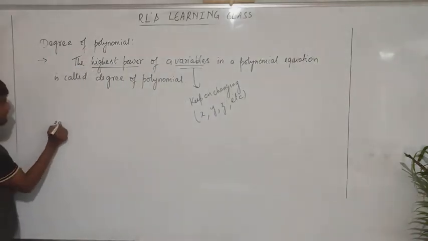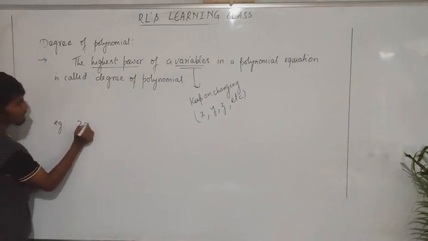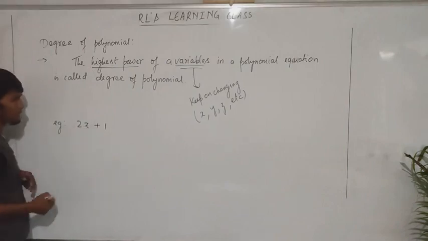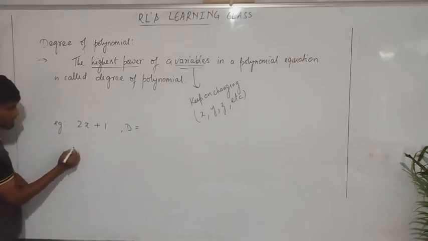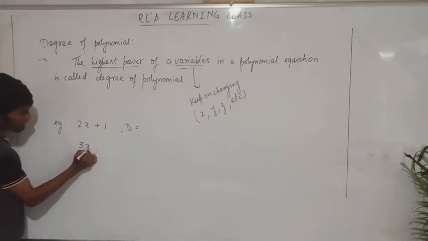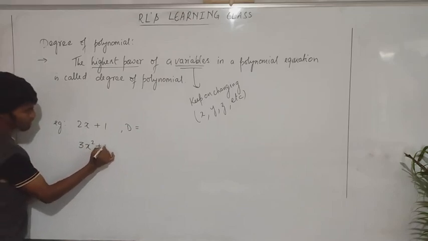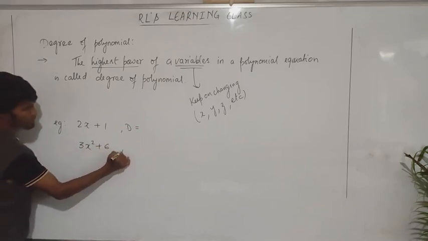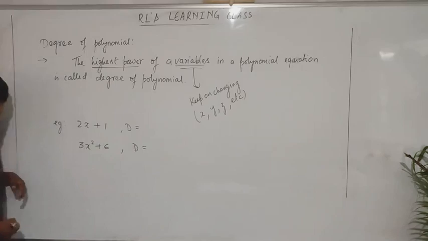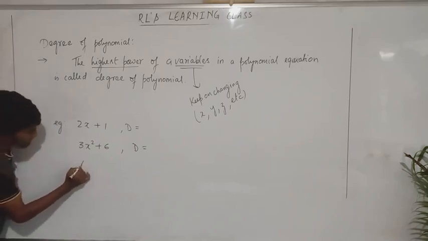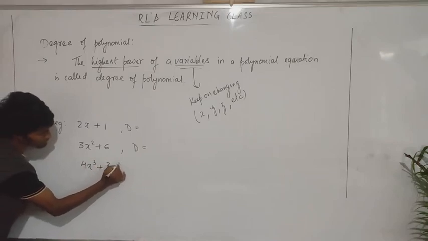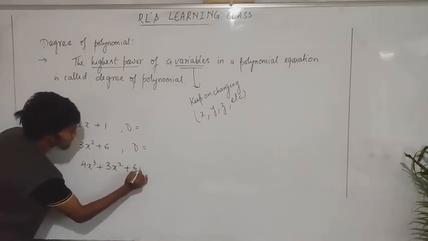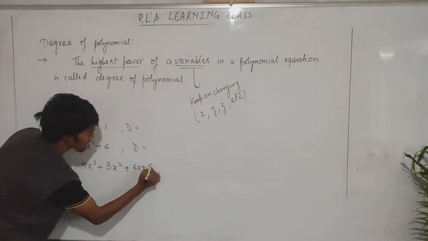Okay, example right here. 2x plus 1. What's the degree here? Okay, let's define this. 3x squared plus 6. What's the degree here? Let me define right here. 4x cubed plus 3x squared plus 6x plus 5.